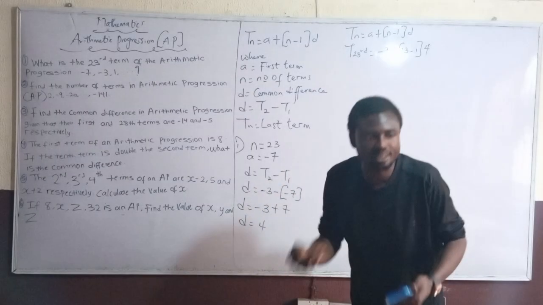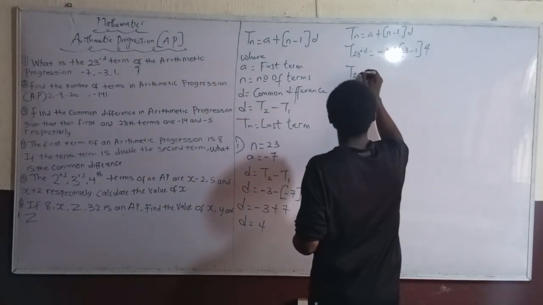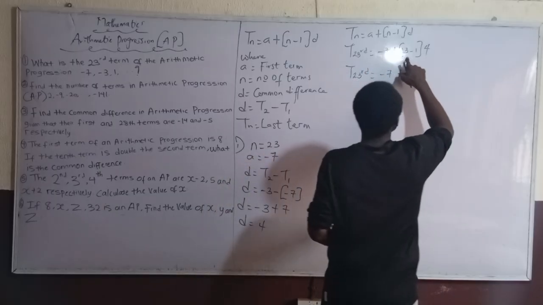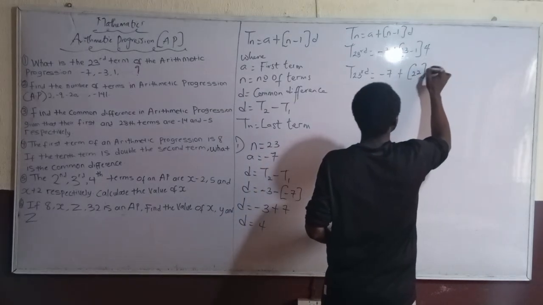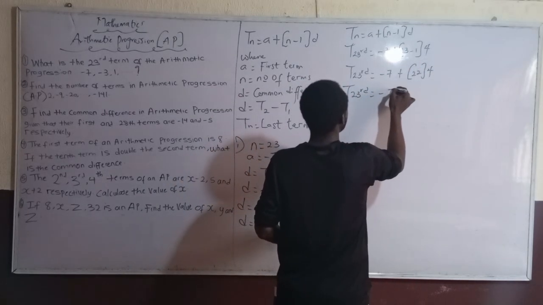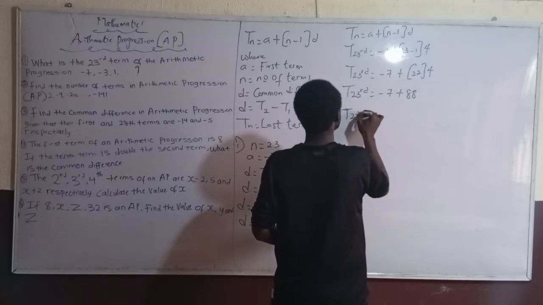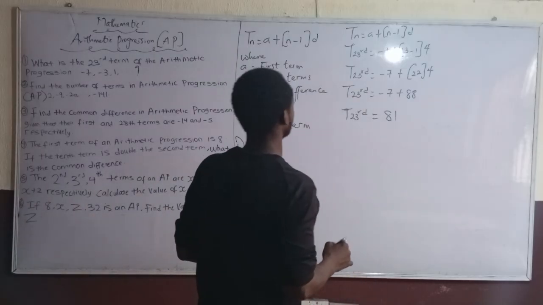Why is it 23? Because I'm looking for the 23rd term. So my T23 is minus 7 plus 22 multiplied by 4. My T23 is minus 7 plus 88. T23 becomes 81. That's the first question.